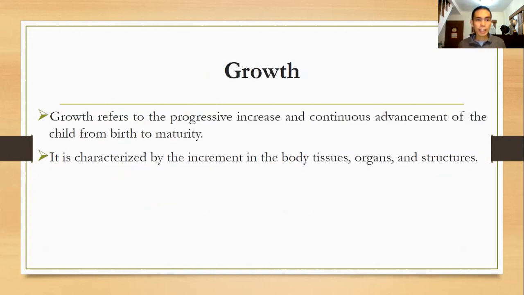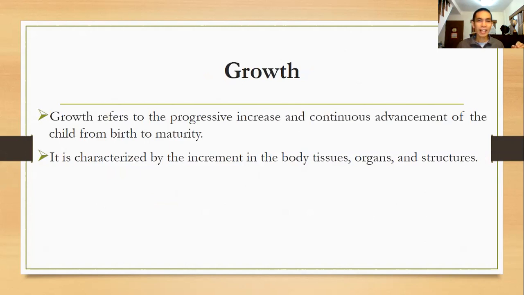Okay, and the next one is growth. Growth refers to the progressive increase and continuous advancement of the child from birth to maturity. When we talk about growth, these are physical changes. For example, I remember when I was a farmer in the province, when I planted a tree, every day there were physical changes.